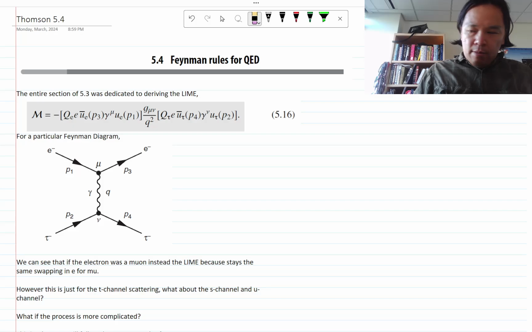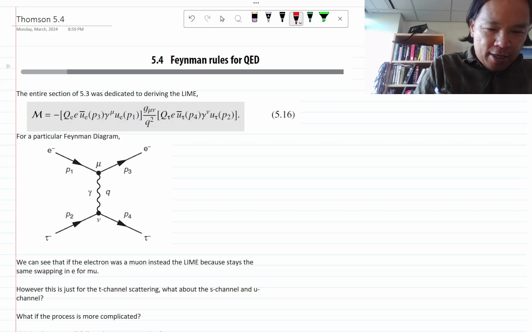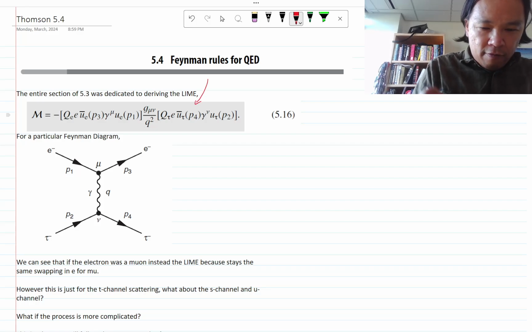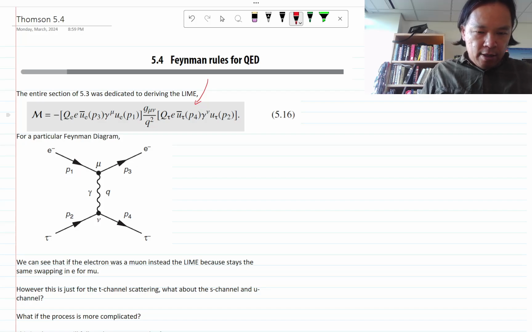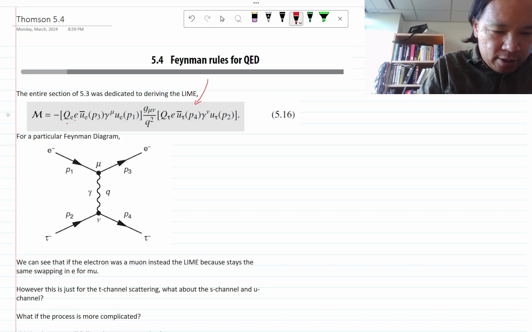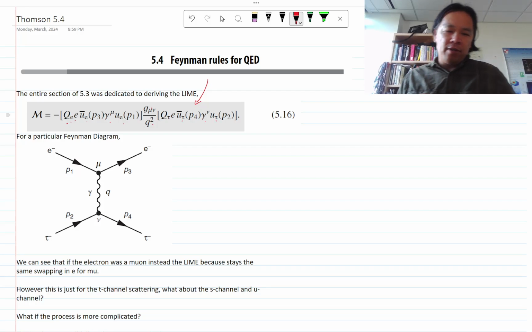But speaking of gnarly math, remember last section, we derived the Lorentz invariant matrix element, which is this huge long equation that has, let's not count those, 8, 9, 10 different factors in it.